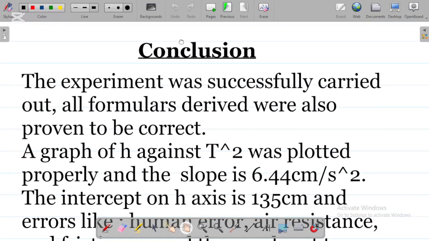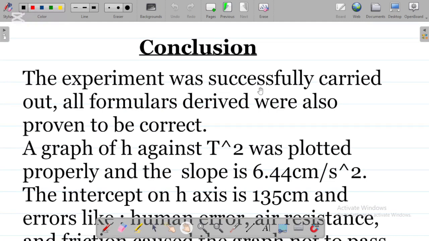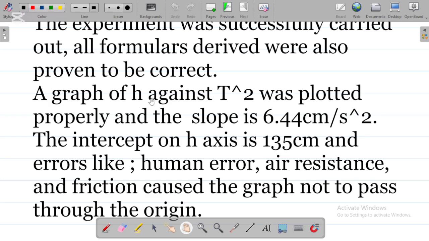All right, in conclusion, the experiment was successfully carried out. All formulas derived were also proven to be correct. A graph of h against t square was plotted properly, and the slope is 6.44 centimeter per second square.